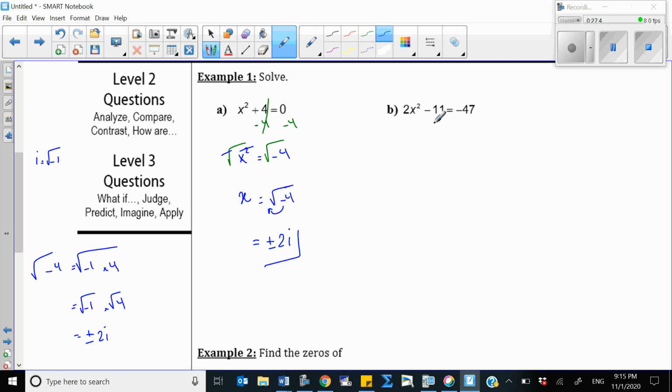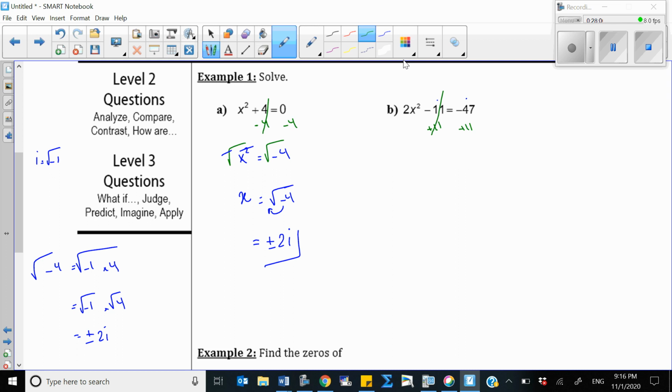Now let's work on the other one. Here I have 2x squared minus 11 equals negative 47. I have one term with the variable x squared, and the other term is a constant number. So what I'm going to do here is add 11, because again my goal is to have the x on one side by itself.